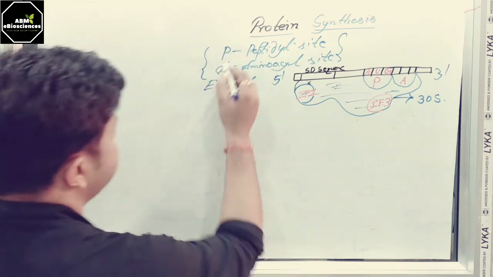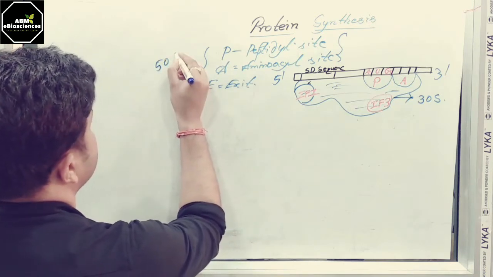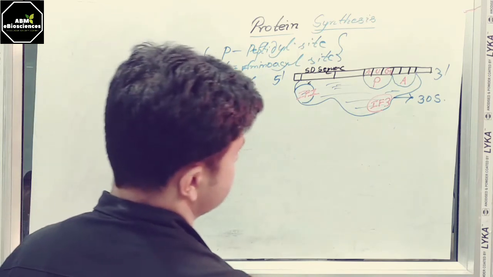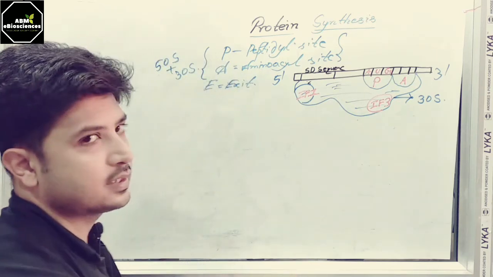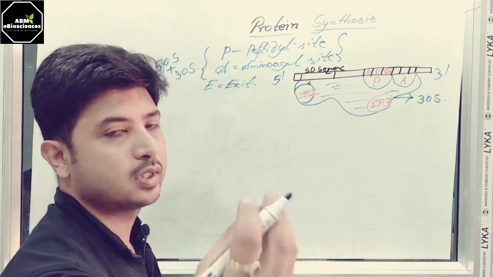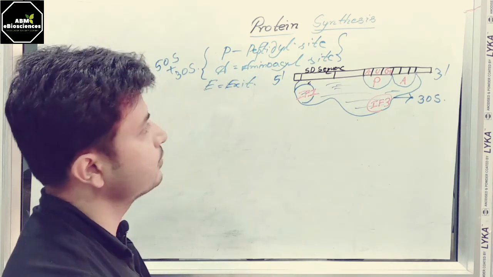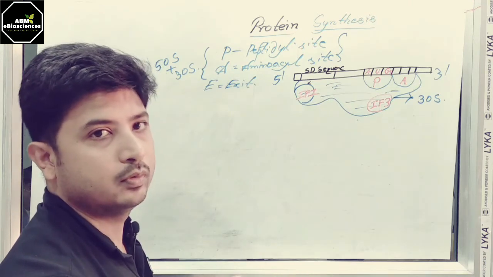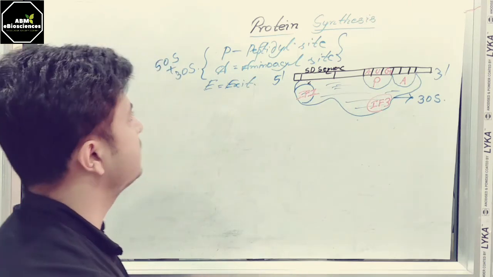So this P and E site is comprised with the help of 50S and 30S. Means only 30S cannot comprise the site where the initiator codon can bind. So it needs both the subunits to bind the initiator codon with the amino acid.